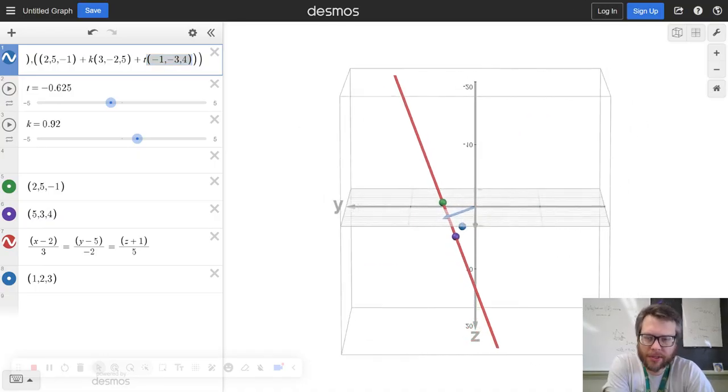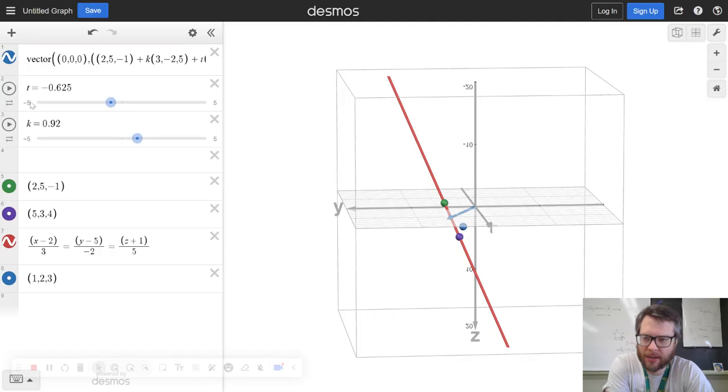All right, so the question remains, how do I actually get Desmos to graph the whole plane instead of just seeing the tip of the vector tracing out all of these points and just assuming that that would be the shape of a plane? So there's two ways to do that.